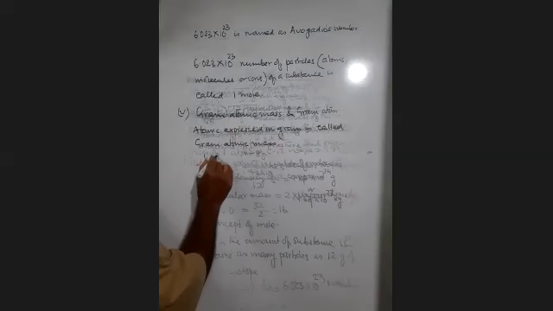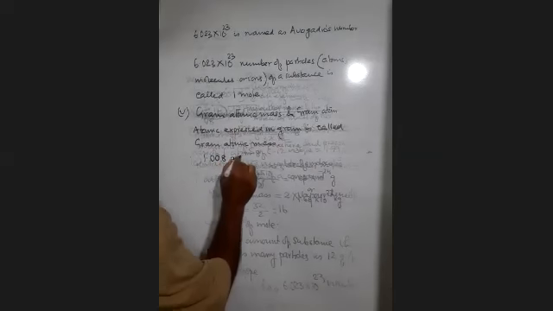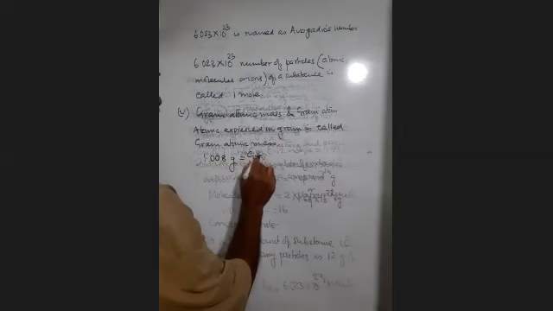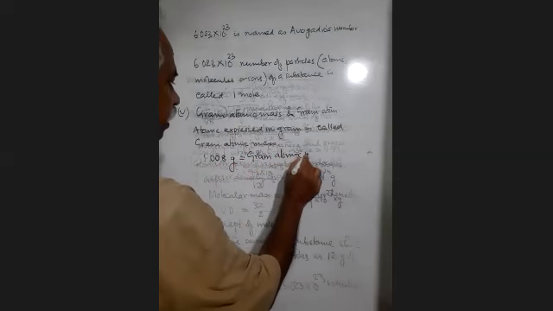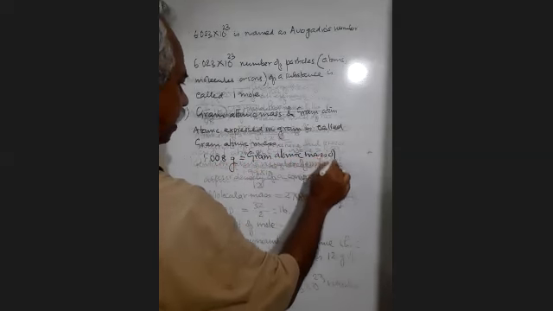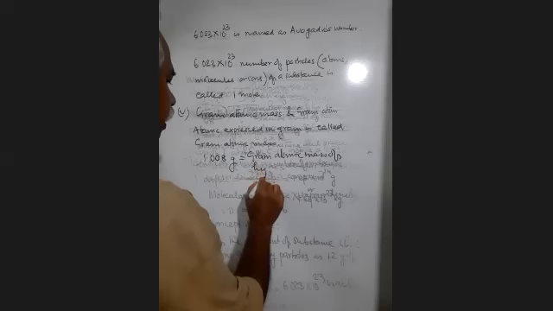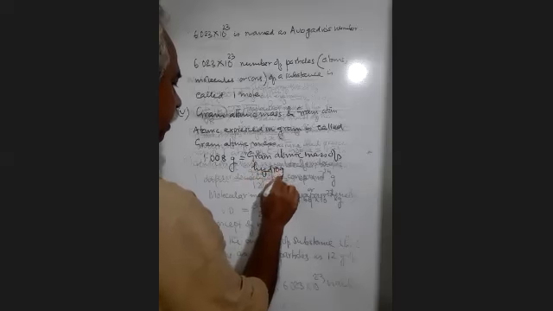That is, if 1.008 is the mass of one atom of hydrogen, if I write here gram, then we call it gram atomic mass of hydrogen.